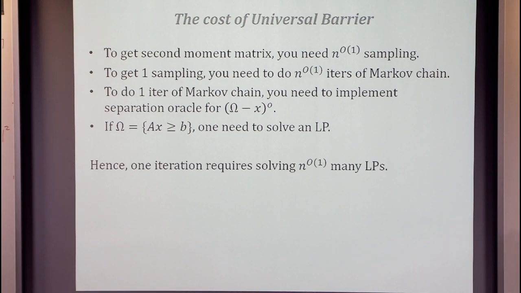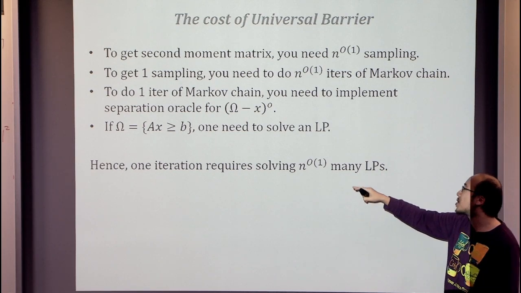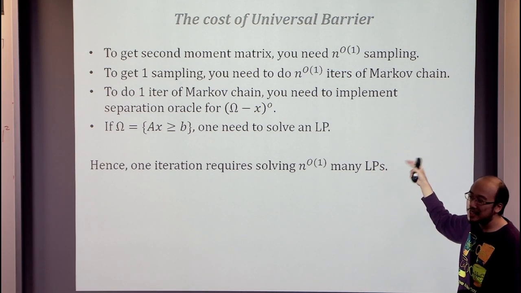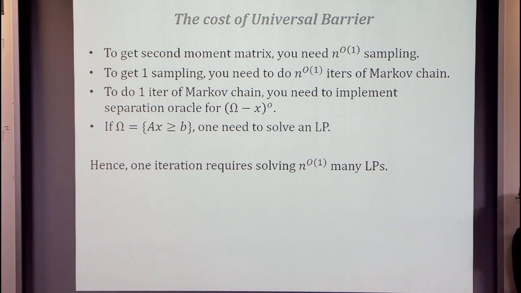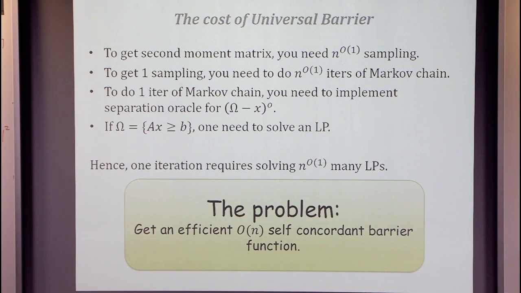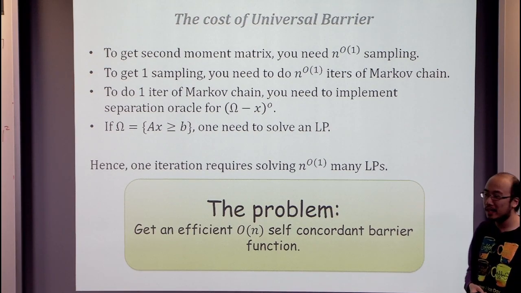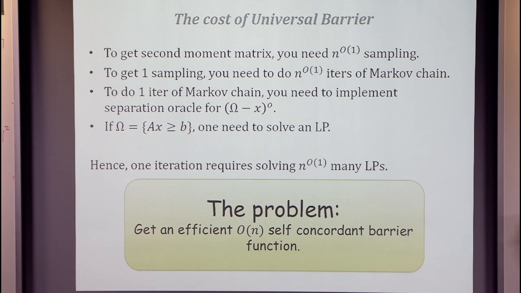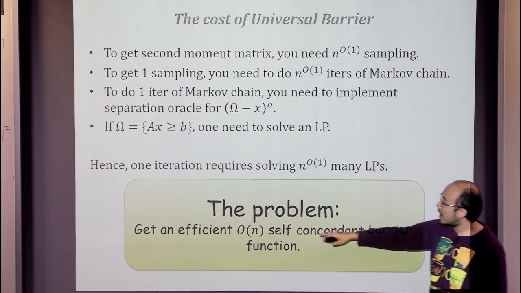So this barrier function basically asks you to solve polynomially many similar LPs, and that's why we call it not efficient. So the major open problem is how can we get an O(n) efficient self-concordant barrier function, and in these results we get O tilde n.